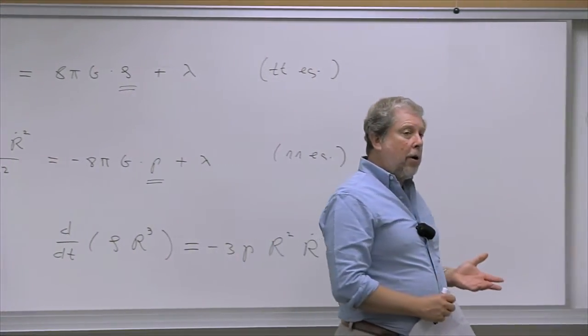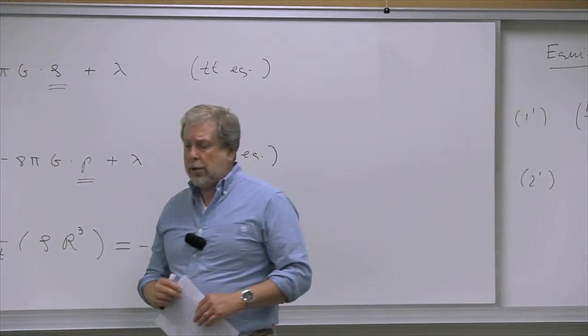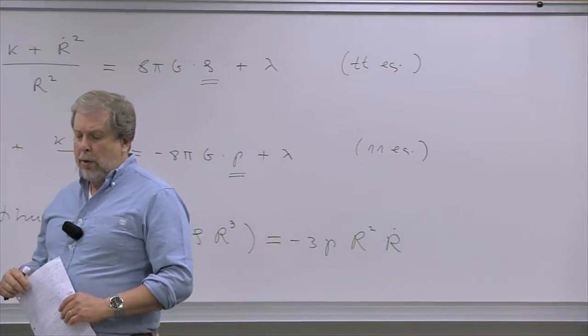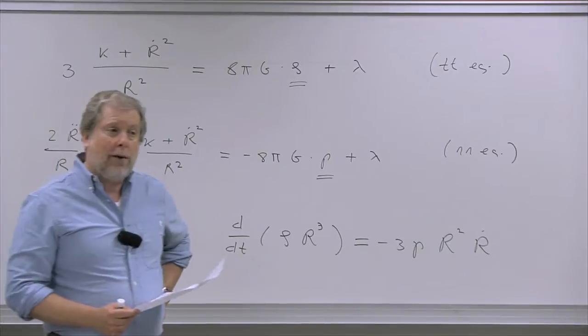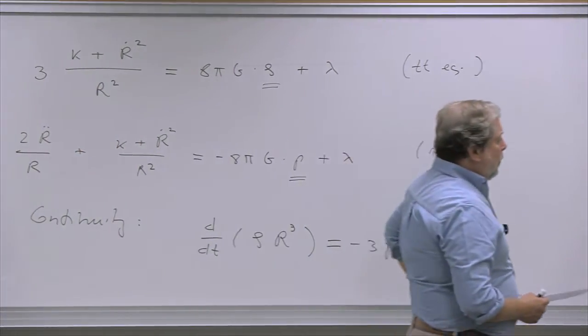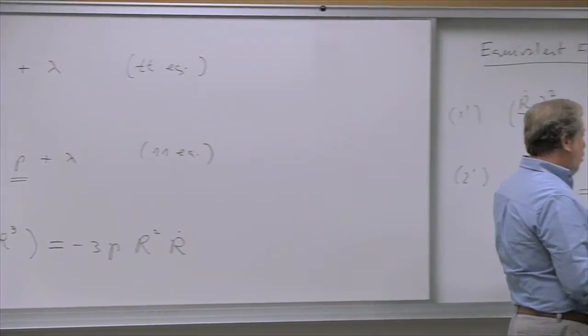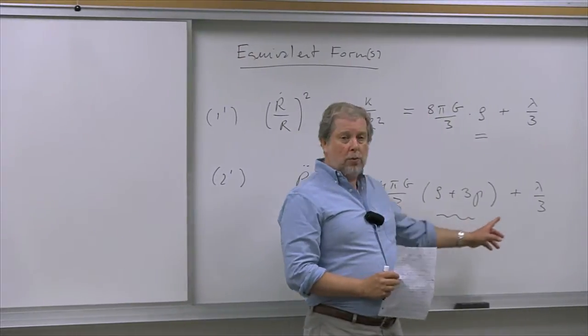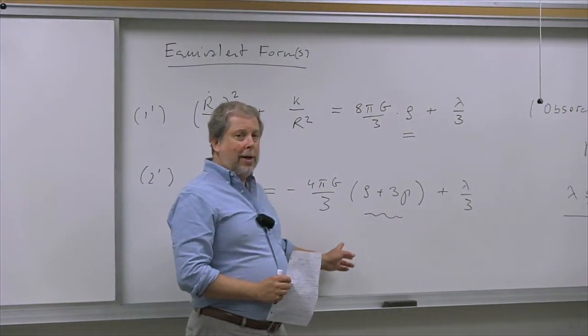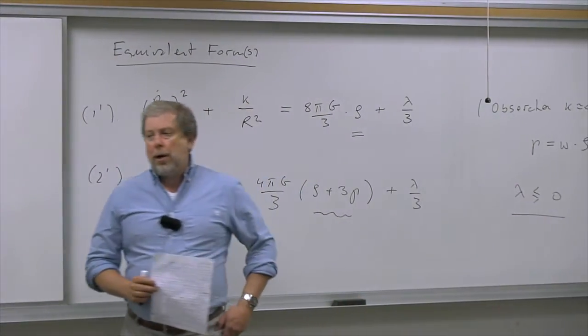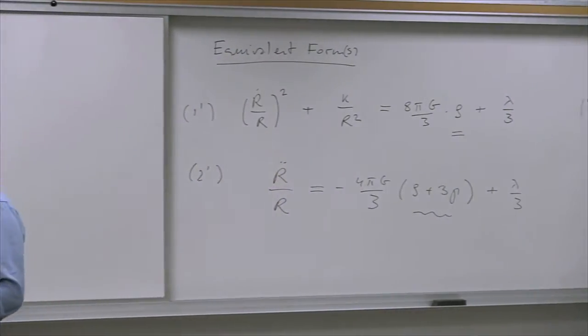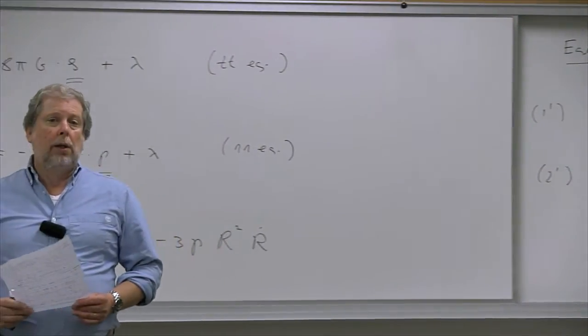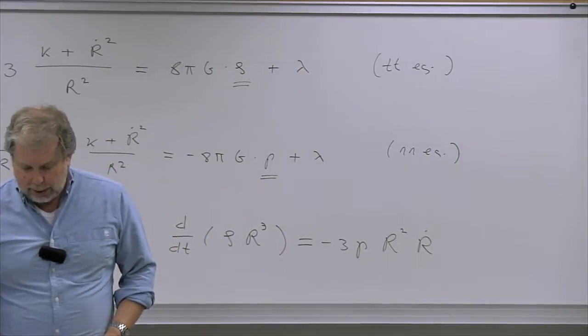Lambda has to be a number in order for the equations to be generally covariant, right? But it doesn't have to have a specific sign, right? So it could be either sign, but if lambda, of course, is positive, then these two terms will be competing, right? You have a negative one and a positive one, right? The current evidence is, in fact, that lambda is positive.